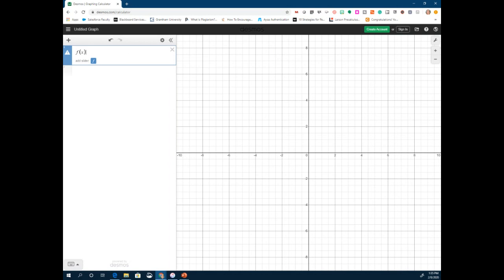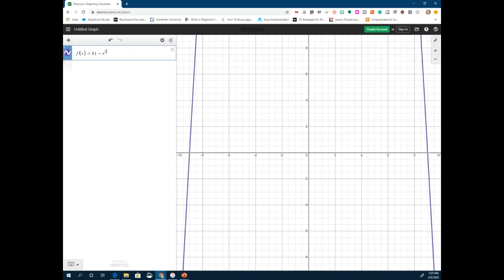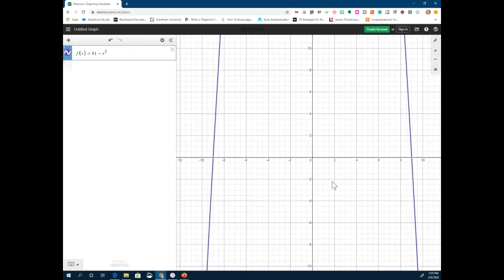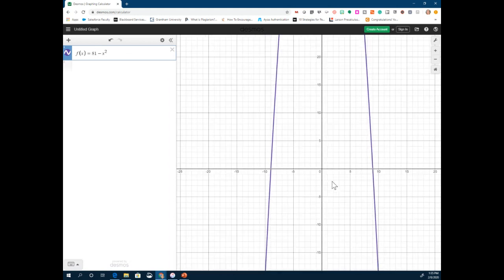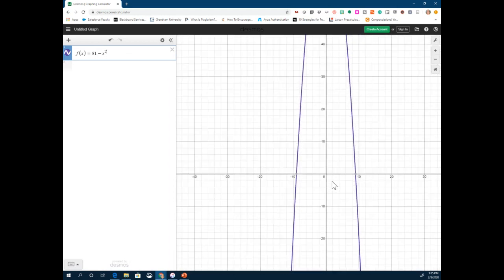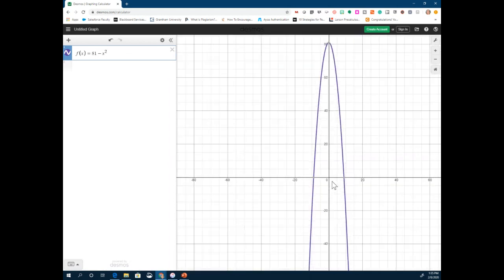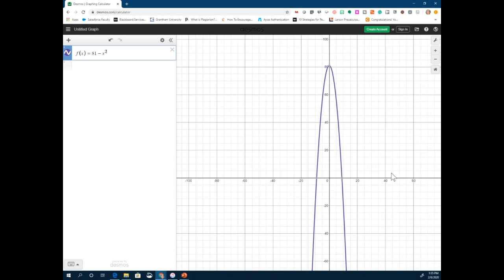So I'm going to graph this. We have f of x equals 81 minus x squared. I'm going to have to zoom out because you can't really see it. A really tall graph. There we go. The zeros are where we cross on the x-axis, so we have negative 9 and 9.